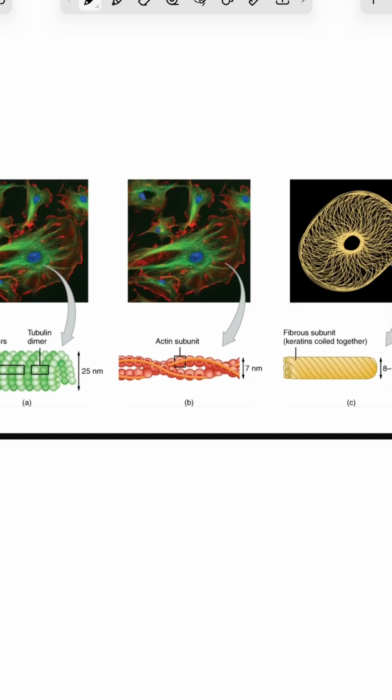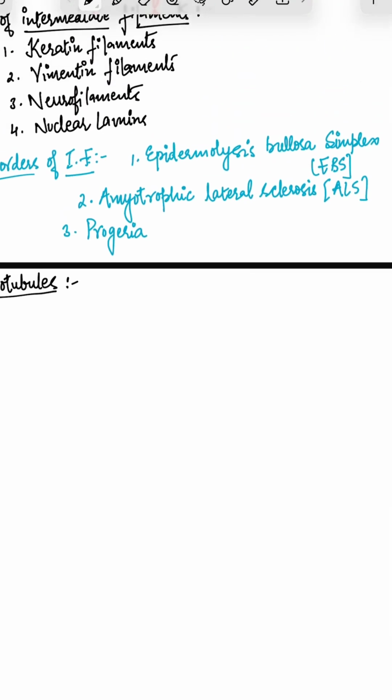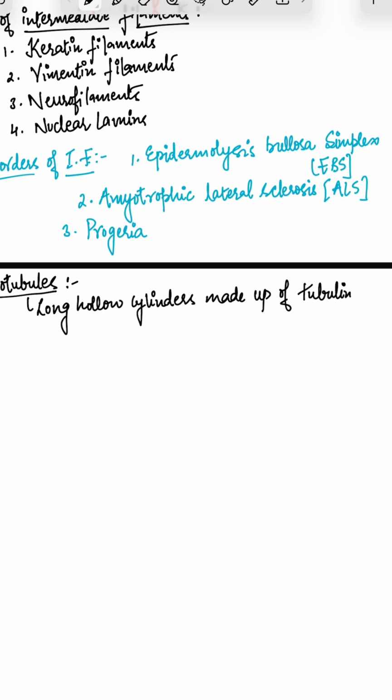By the name itself you can see these are concerned with tubules, and with tubules the term tubulin comes forward. So these are long hollow cylinders made up of units known as tubulin. A single unit of these microtubules is considered tubulin. They are 25 nanometer in diameter.